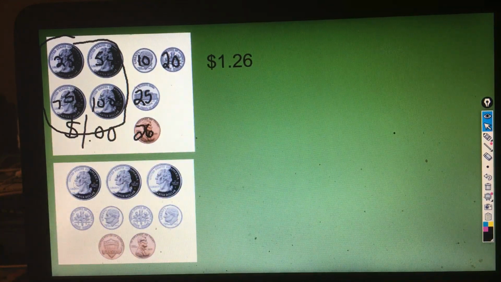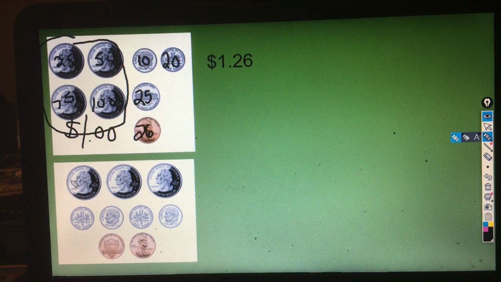So our next group, we look at the quarters and we say 1, 2, 3. Okay, well we can't do a group that makes $1 in this one, not with quarters. So we have 25, 50, 75, and then we don't have any more, so we can't go up any higher. But now we're going to go to dimes.